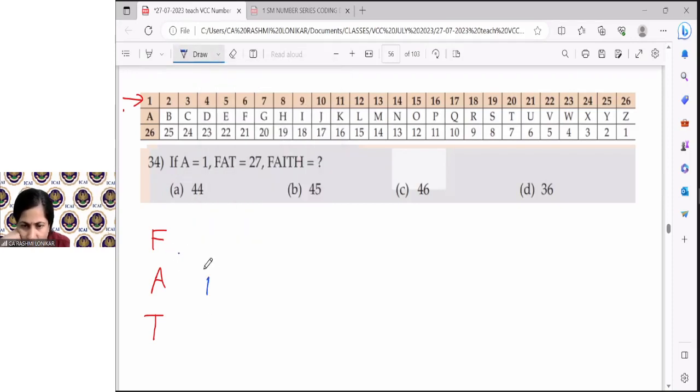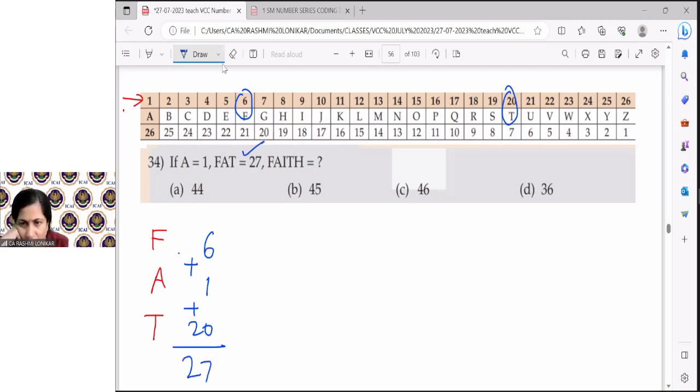F is 6. T is 20. I add them up. 6 plus 1 is 7, 7 plus 20 is 27. So this tallies with what is given.